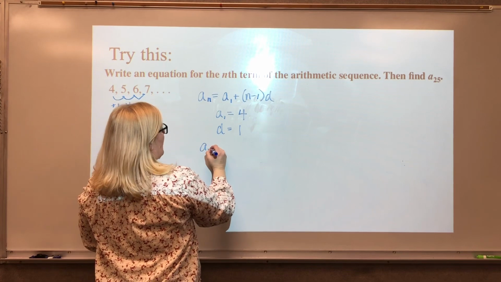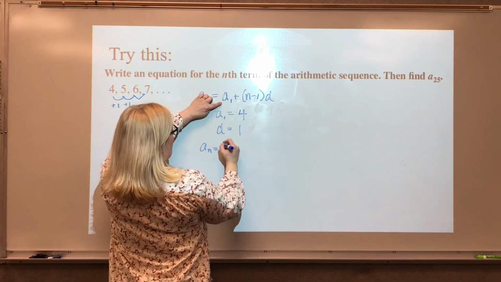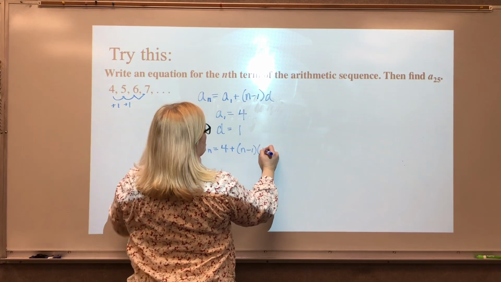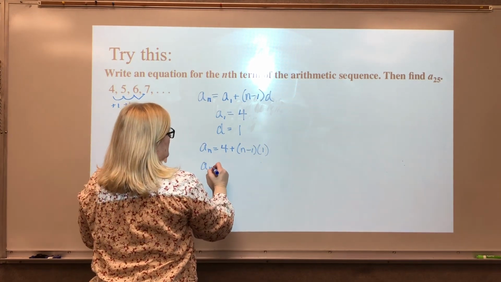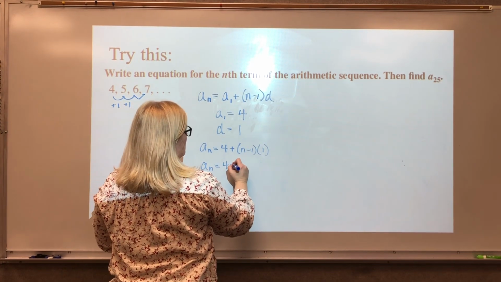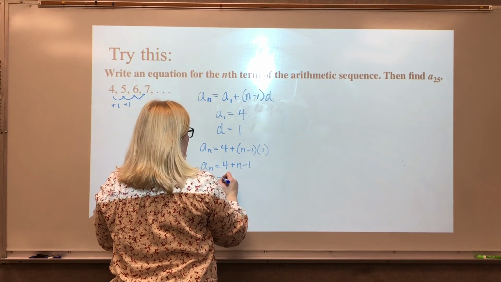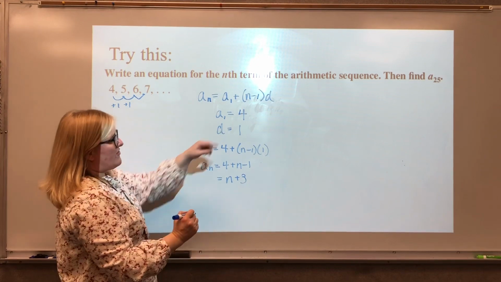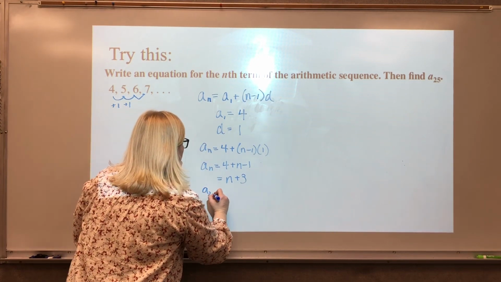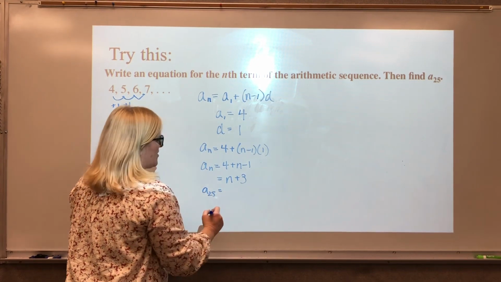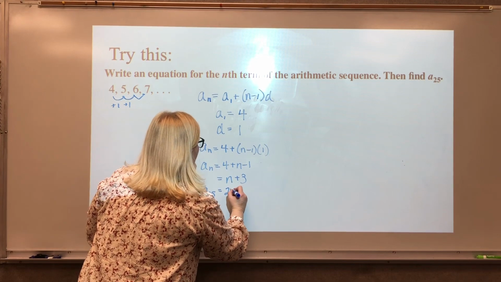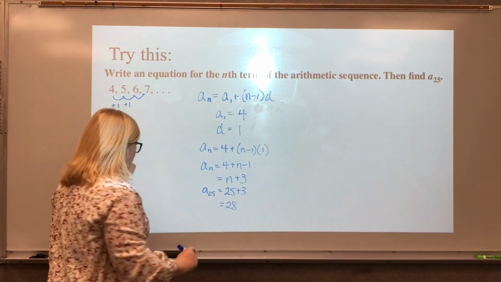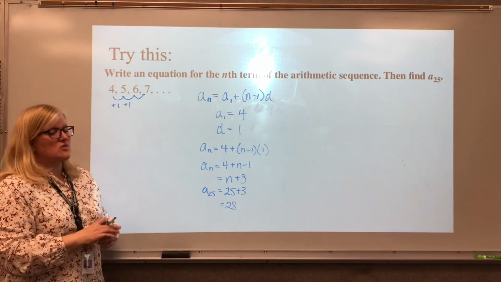So a sub n equals a sub 1 plus n minus 1 times 1. So a sub n, I'm going to combine like terms, 4 plus n minus 1. This is going to give me n plus 3. So if I want to find a sub 25, the 25th term in this sequence, I would have 25 plus 3, which gives me 28. And I hope that's what you got.